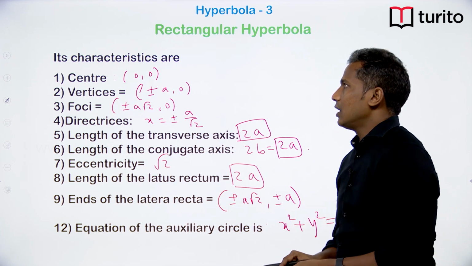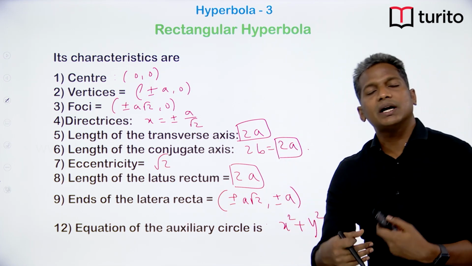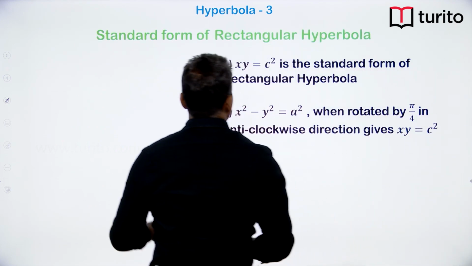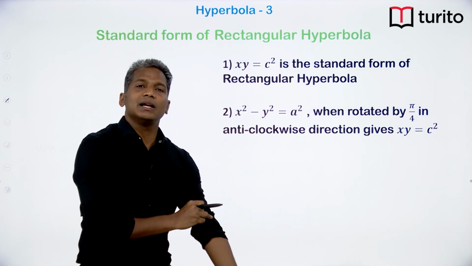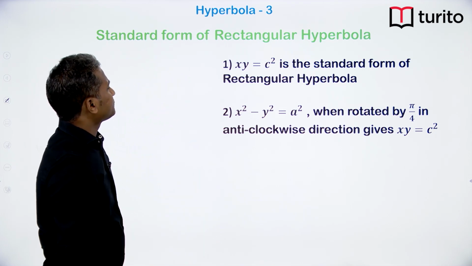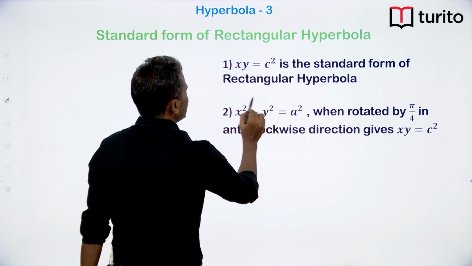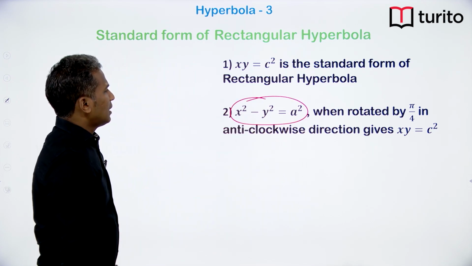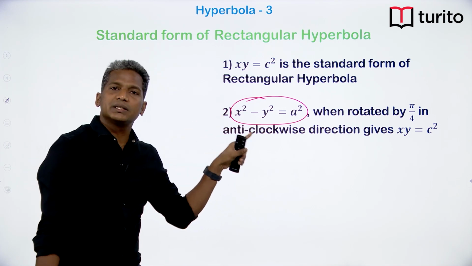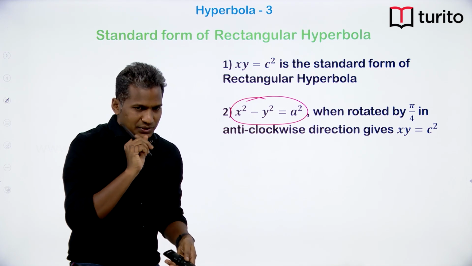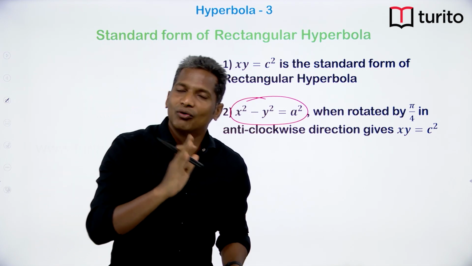Now, similarly, let us try to understand the other form. I will just explain this other form once and then I will move on to the concept of tangents. So, here if I take this hyperbola, which is of course a rectangular hyperbola, and try to understand it geometrically, how will the diagram look?